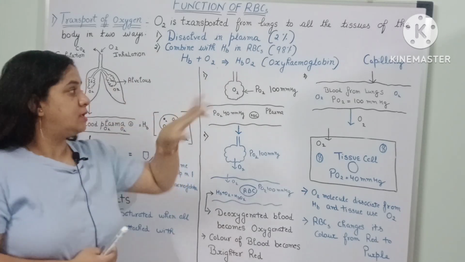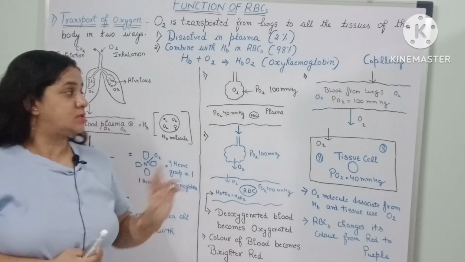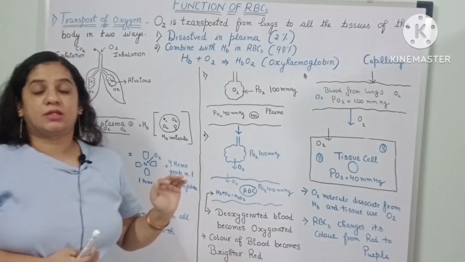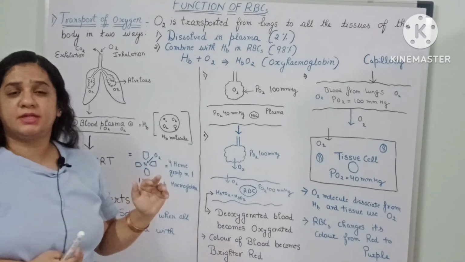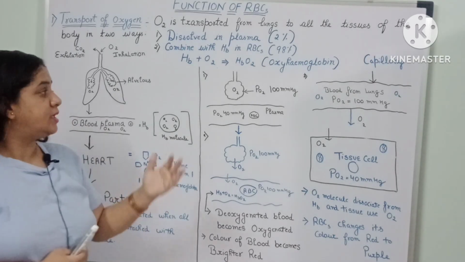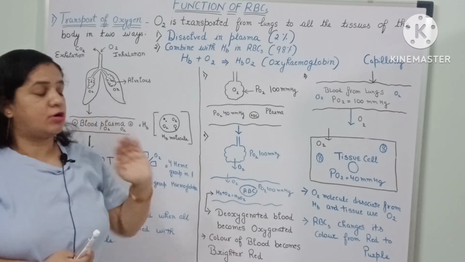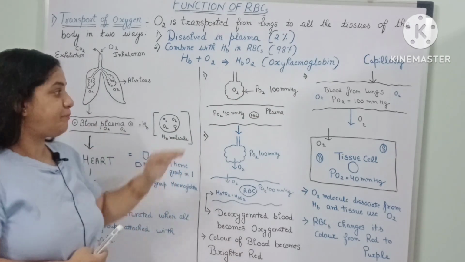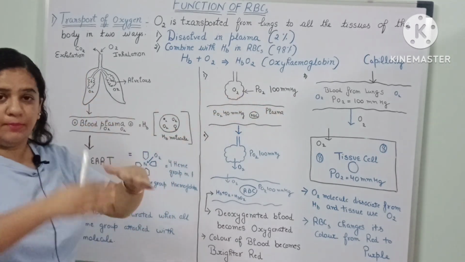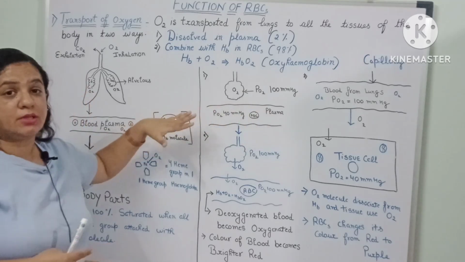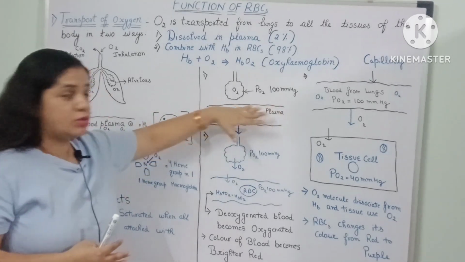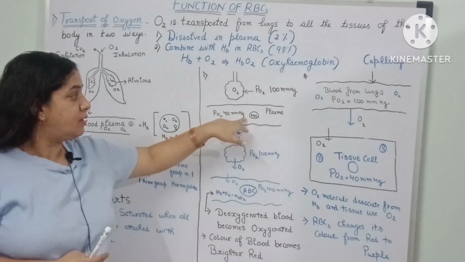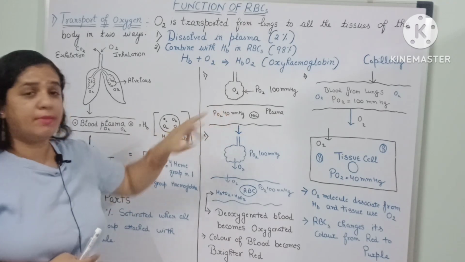When we inhale, the oxygen goes inside the alveolus, where the pressure is reduced to 100 mmHg, because in the alveolus other gases are also present, such as carbon dioxide and water vapor, due to which the partial pressure of oxygen comes down to 100 mmHg. Around the alveolus there are blood capillaries, and venous blood, which is deoxygenated blood, flows along with it. In this venous blood the partial pressure of oxygen is only 40 mmHg.